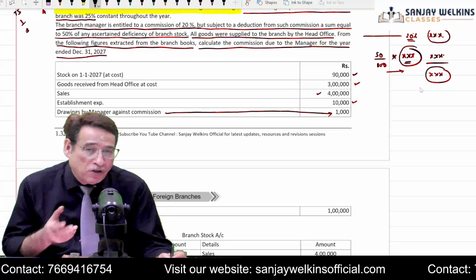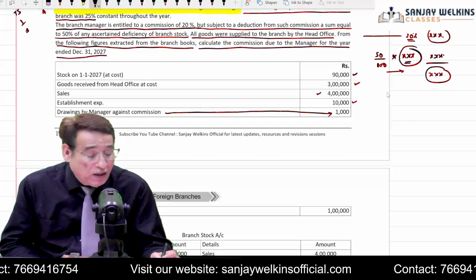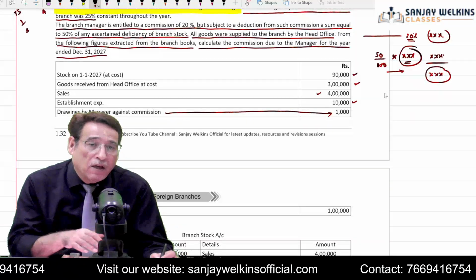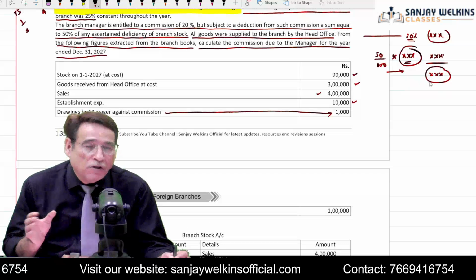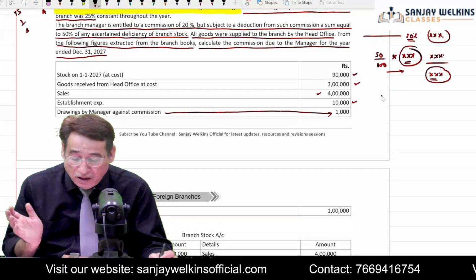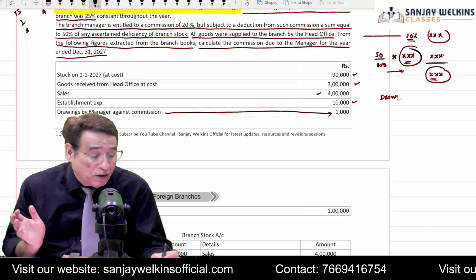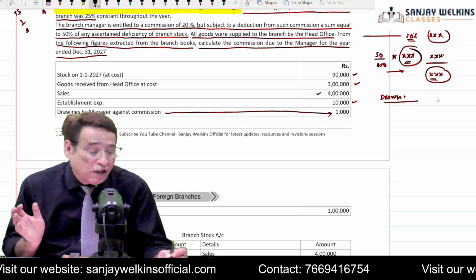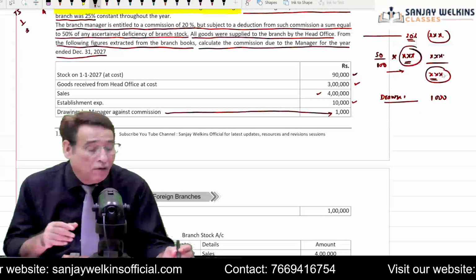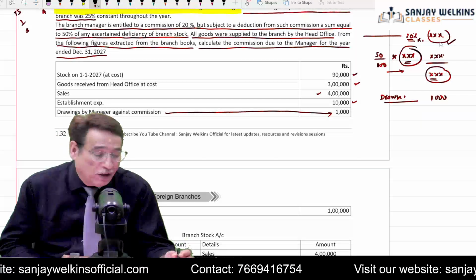Drawings by manager against commission, what does it mean? It means the manager has already withdrawn 1000 rupees in advance because the manager also knows that he will get some commission. So he has drawn some amount against commission indirectly. It means 1000 rupees of commission is already given to him. First of all, we will compute 20% of the net profit, whatever figure will be there.